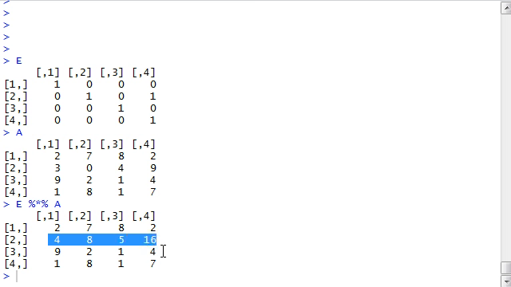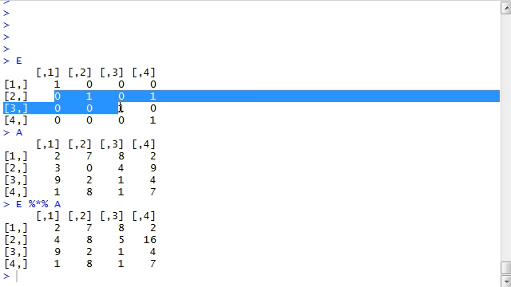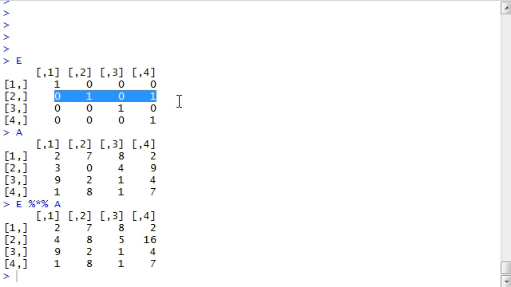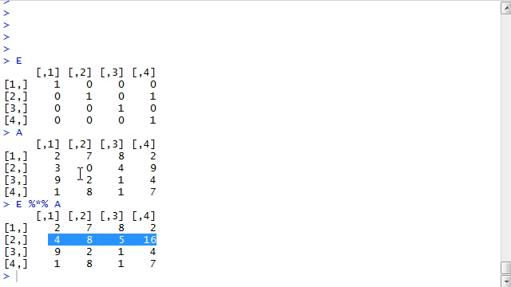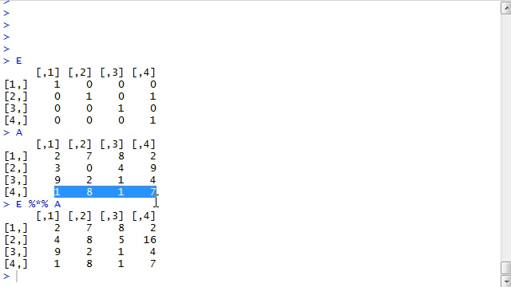This is because the non-zero off-diagonal element is in the second row of E. Second, we can see that the second row of this product is precisely the sum of the second row and the fourth row of A. 3 plus 1 is 4, 0 plus 8 is 8, 4 plus 1 is 5, 9 plus 7 is 16.